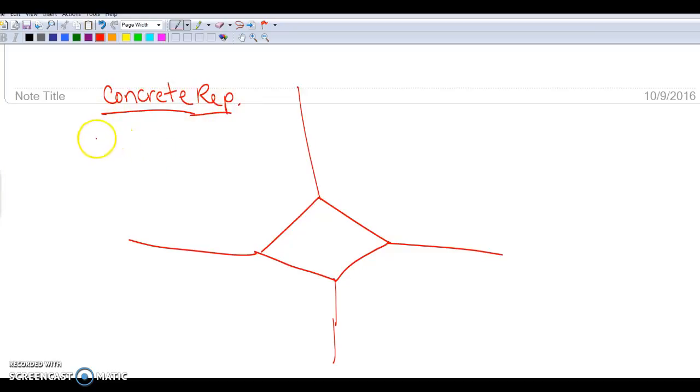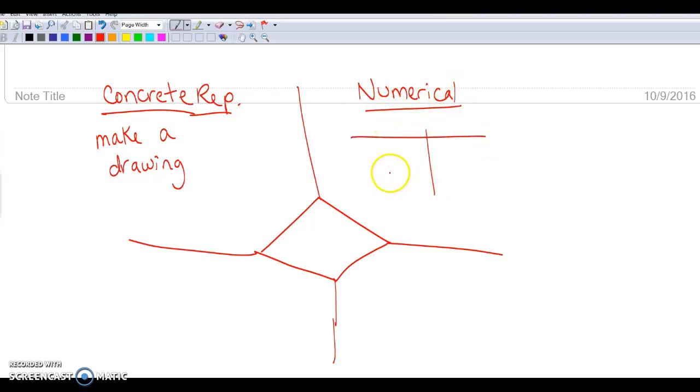Concrete representation means you make a drawing. Like what we did where the vase cost $10 and then the flowers cost $2, you have to draw that out. So that's concrete. Up in the upper right hand corner, I believe you're going to see numeric. So they're going to have you fill in a table, and you just fill in the numbers that are in the table. That's going to go up here.